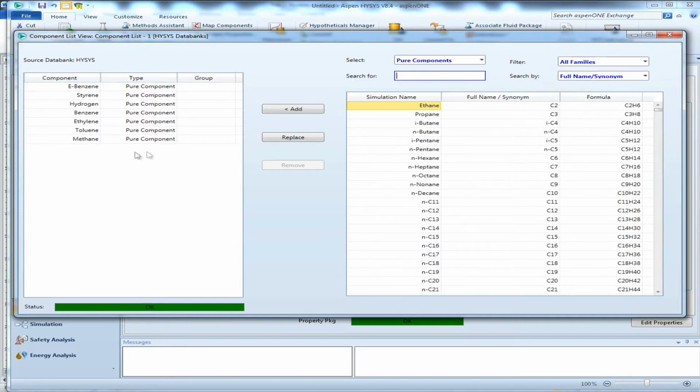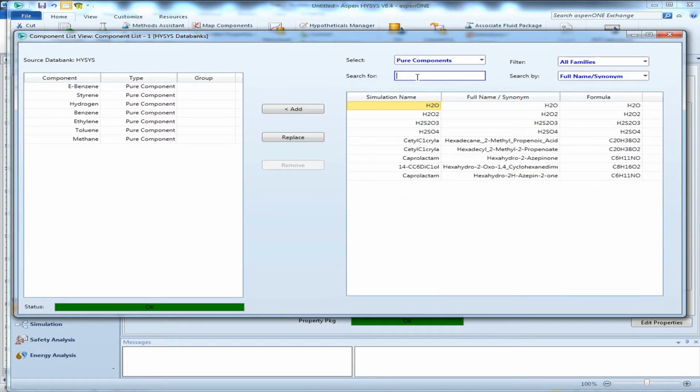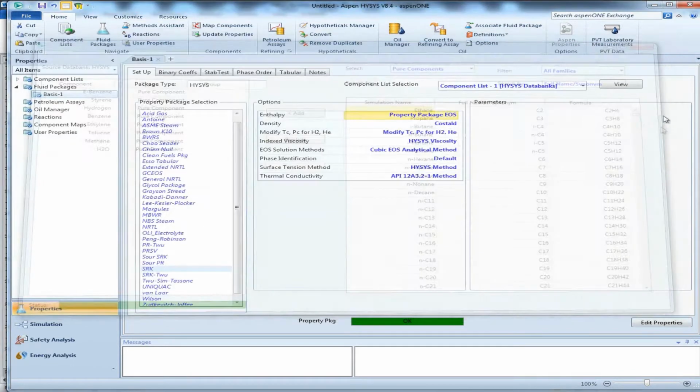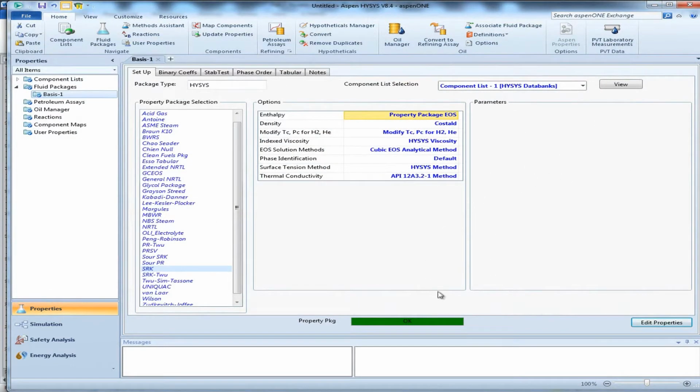Okay, that's all the chemicals used in the reactions. However, we need to input water to the system as well as an inert. The system turned green now.